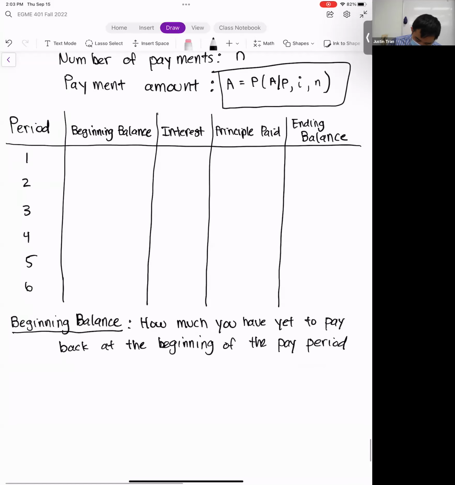The way you obtain this is that for period 1, the very first row in the table, you're going to set this equal to the initial balance.